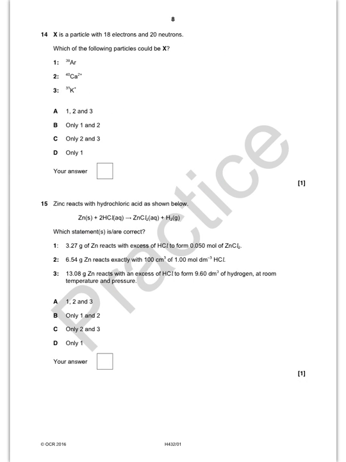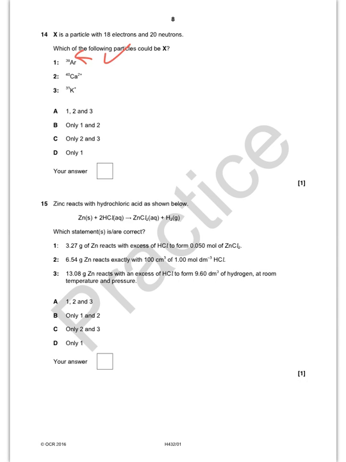So question 14, X is a particle of 18 electrons and 20 neutrons, which could be X. Well, neutral argon would have 18 protons, so it could be that one.